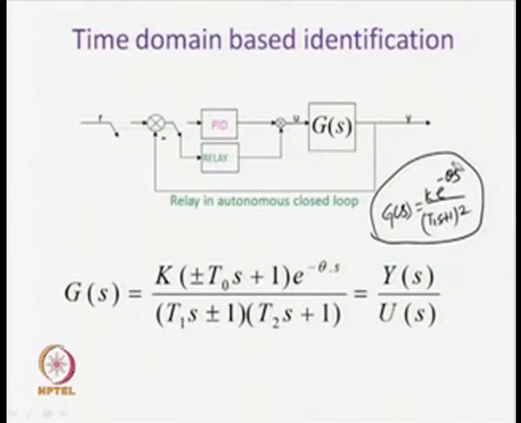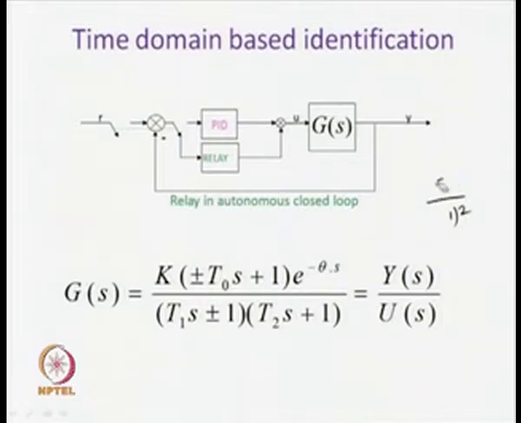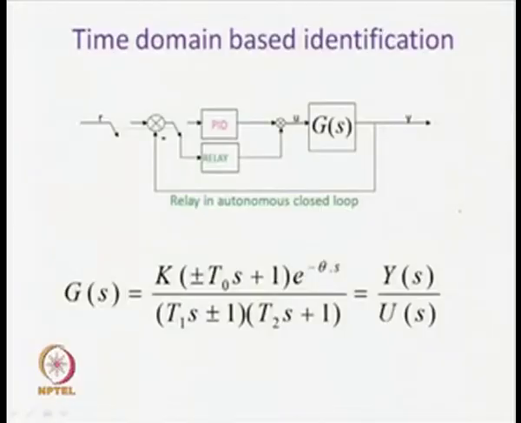Now, before going to that, I would like to repeat certain things we have already discussed in our last lectures: the set of analytical expressions we have derived for identifying the second order plus dead time transfer function models. Now, the relay feedback system is arranged in this fashion. When the relay test is conducted, at that time the reference input is set to 0.